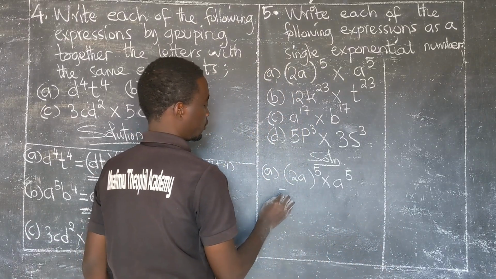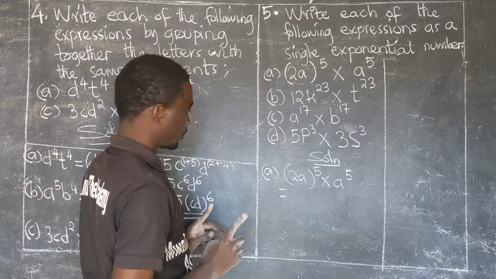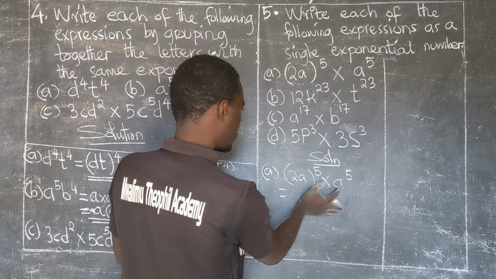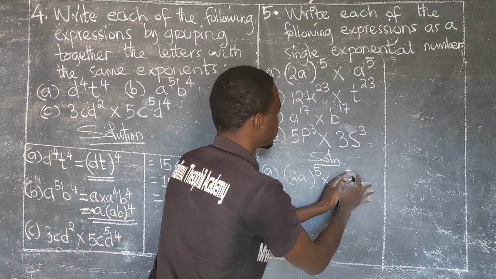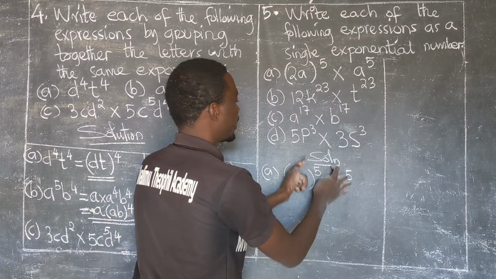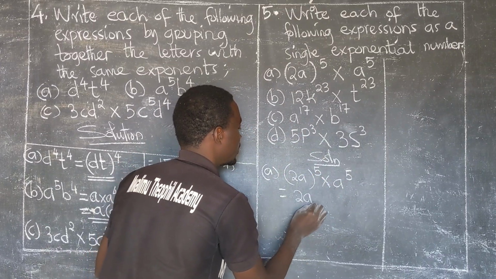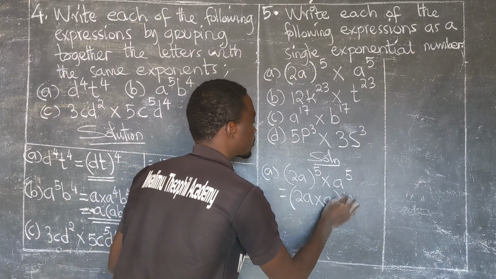This is going to be equal to a single exponential number. To write it this way, here the whole 2a is raised to 5 and a is raised to 5. We just combine them, expressed in a single exponent which is 5. Now it will be (2a times a) with exponent 5.